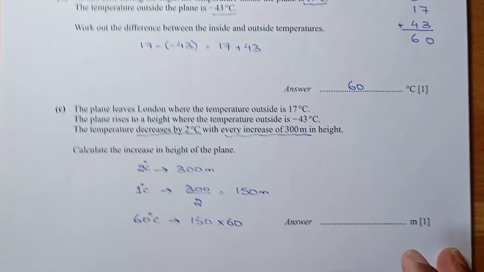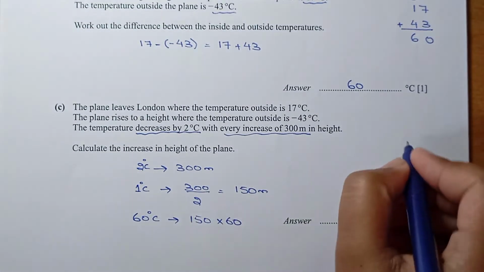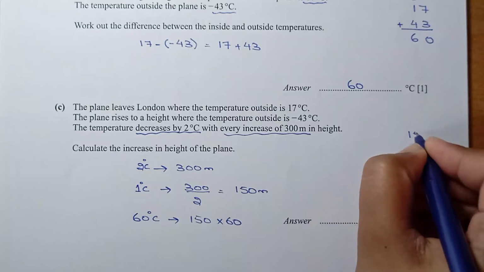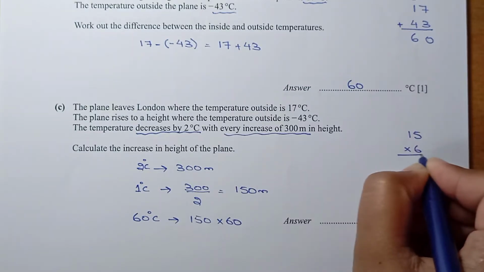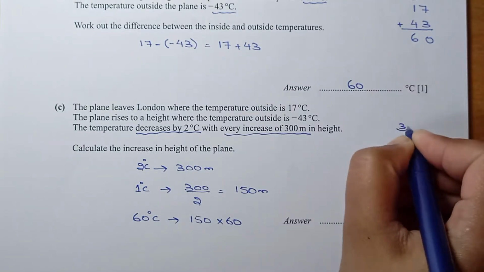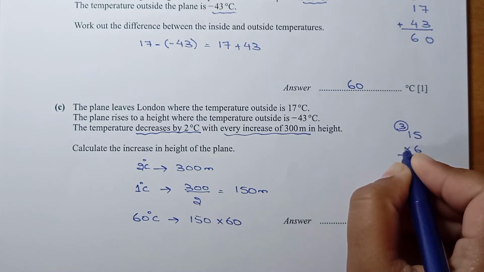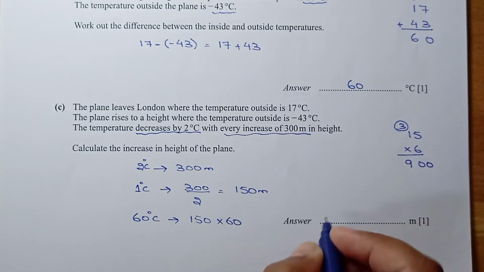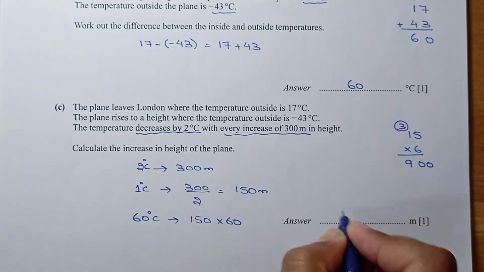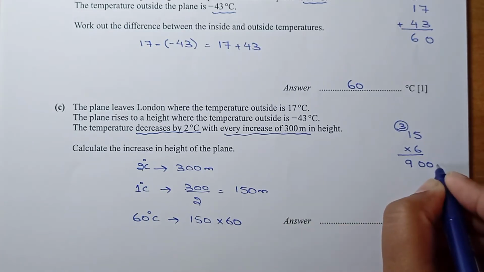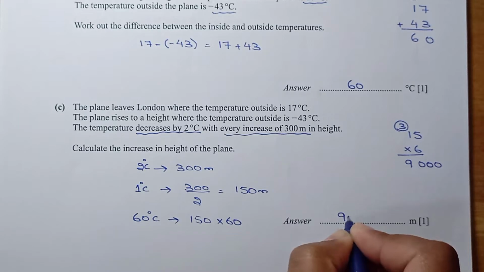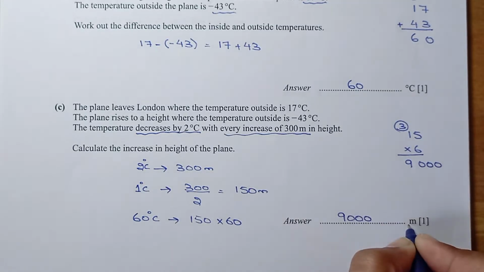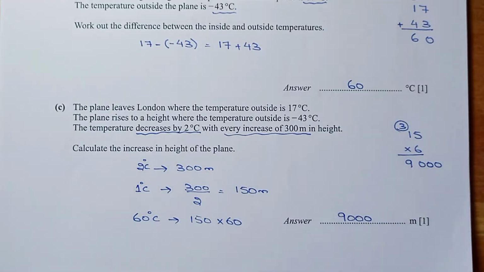If we do 15 times 6, 6 times 5 would be 30, and 6 times 1 is 6, 7, 8, 9, 90, and we have a 0. So it would be 900. Sorry, 9,000, because of the double 0. So 9,000 meters is the increase in height of the plane.